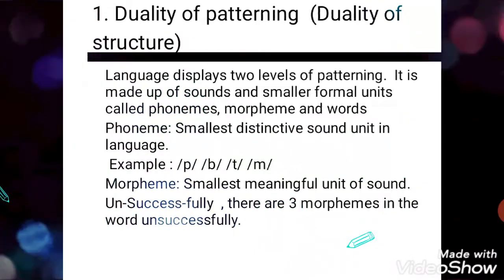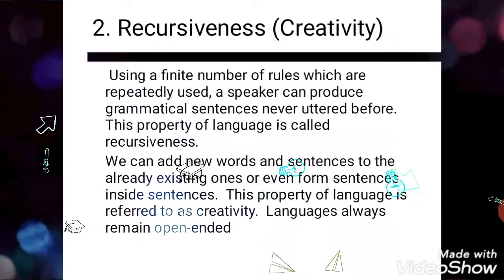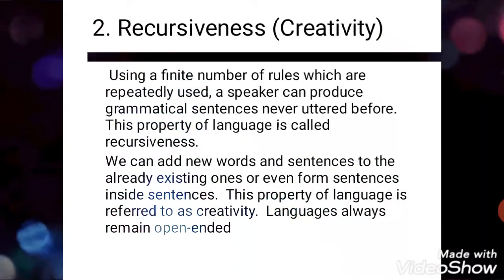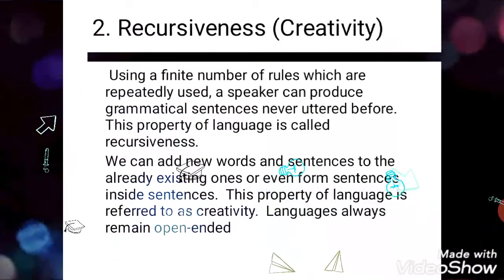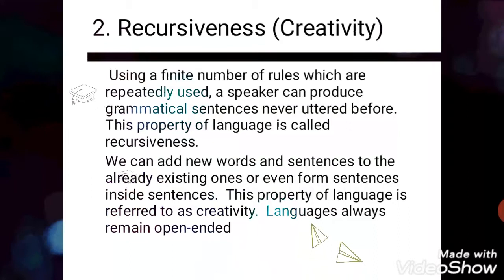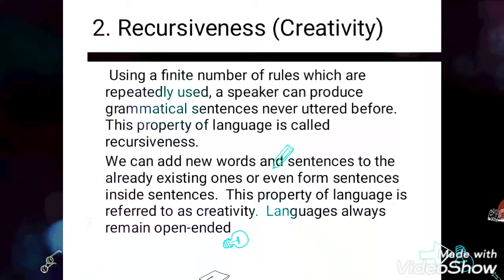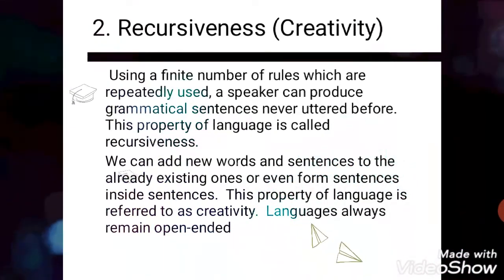Next one is recursiveness. Since there are various ways of combining the units of language, there is considerable scope for creativity within it. Using a few basic rules of construction, human beings can produce and understand a large number of utterances.